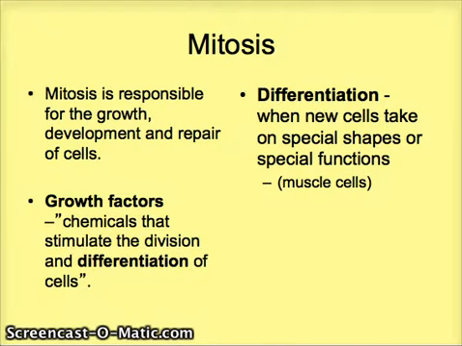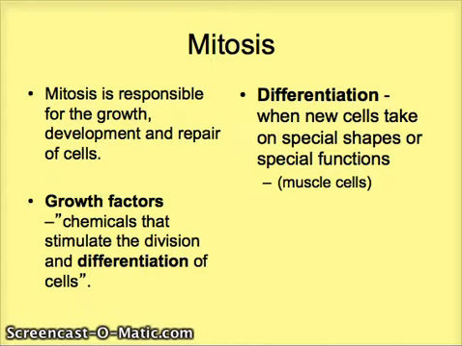In mitosis, its job is to help the cell grow, or to help the organism grow, to help it become developed and change, and to repair cells that have been injured or cells that are old. In order for them to become different, because all cells immediately after mitosis are exactly the same, they have to go through the process of differentiation, meaning taking on new shapes or taking on new jobs.